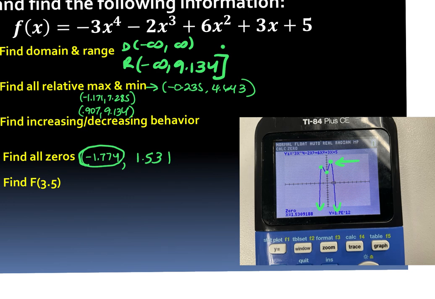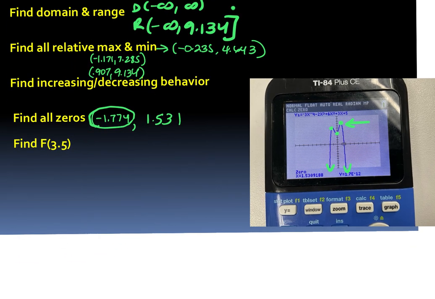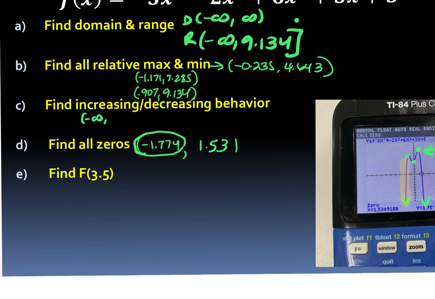So then I already have my relative max and min, my increasing, decreasing behavior. So it starts increasing. It's going to be increasing from negative infinity to that first X value, which is negative 1.171. Then it turns and it comes down a little bit. So it's decreasing from negative 1.171 to the minimum value there. And the X on the minimum is negative 0.235.